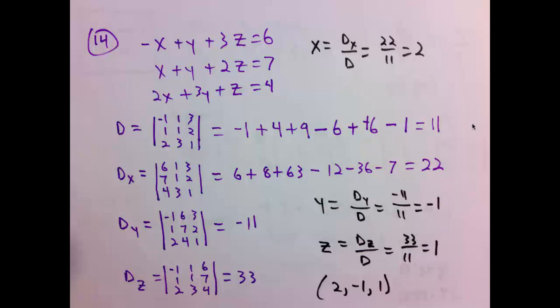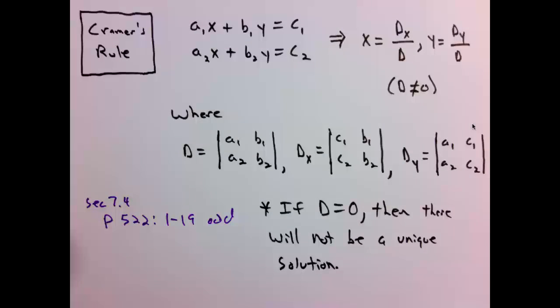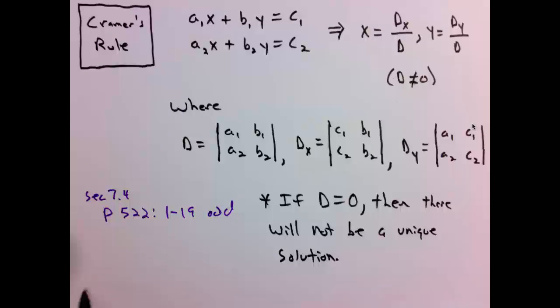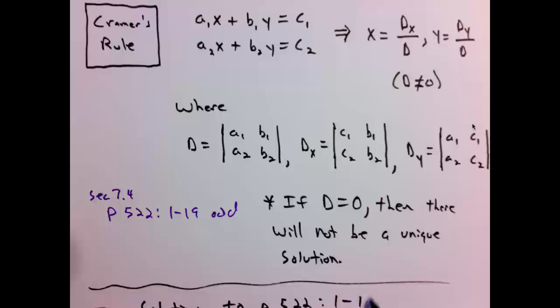All right, I'm now going to give you the answers to the problems. As you can see, there's a lot of arithmetic involved, so you don't want to just run off and do the whole thing if you make one little small error. So, solutions to page 522, 1 through 19 odd.